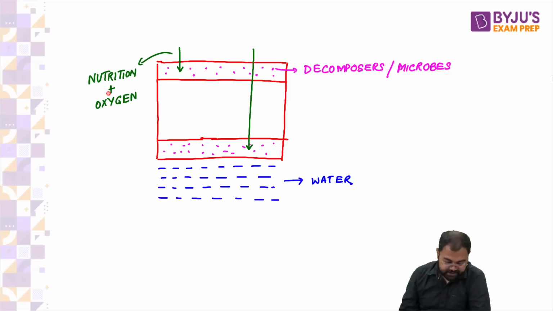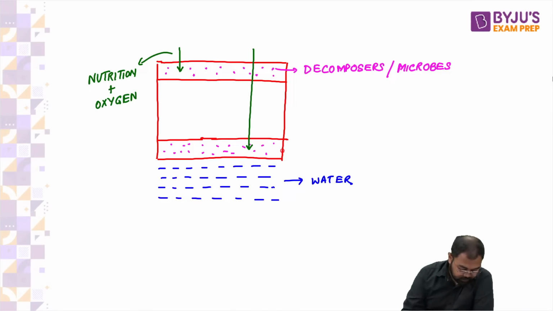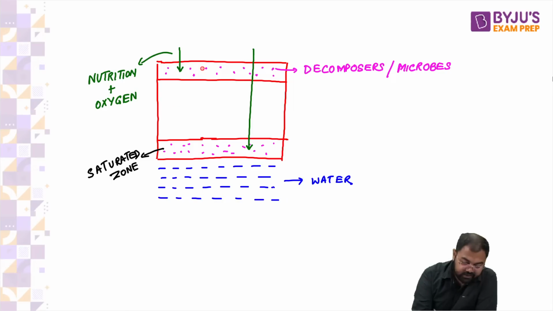So the difference is, when we say saturated zone or unsaturated zone, this bottom layer is basically called the saturated zone. This layer is called the saturated zone. And this layer is called the unsaturated zone.